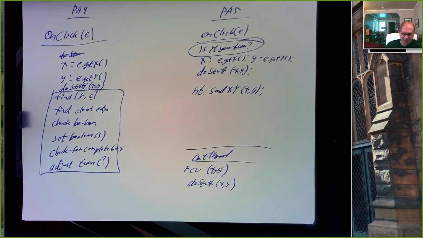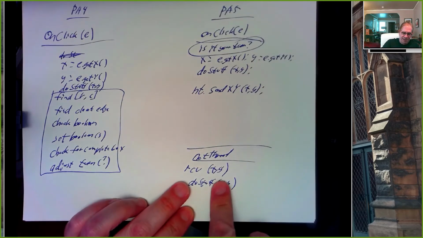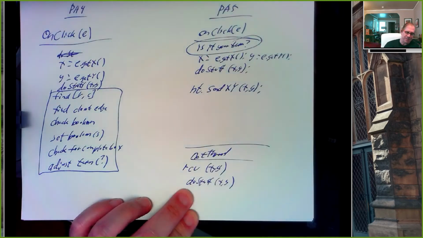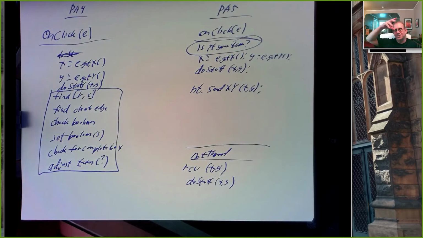Tell the other player about this click that just happened. And then in your net thread, every time you receive a pair of XY coordinates, just call the same doStuff method that adjusts the booleans in the box and so on and so forth. Does that make sense?